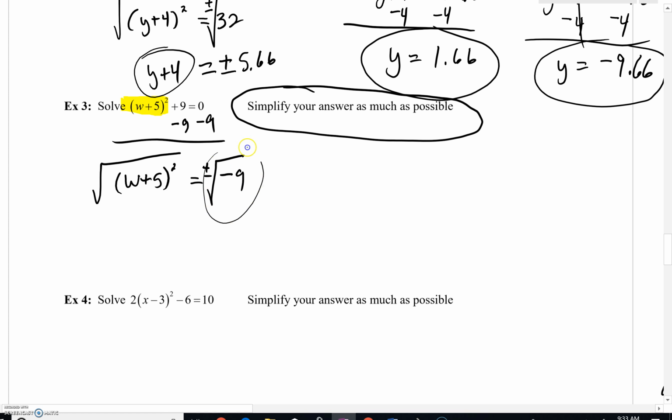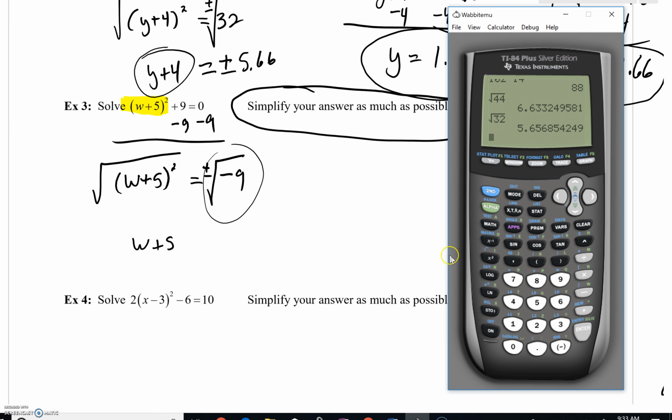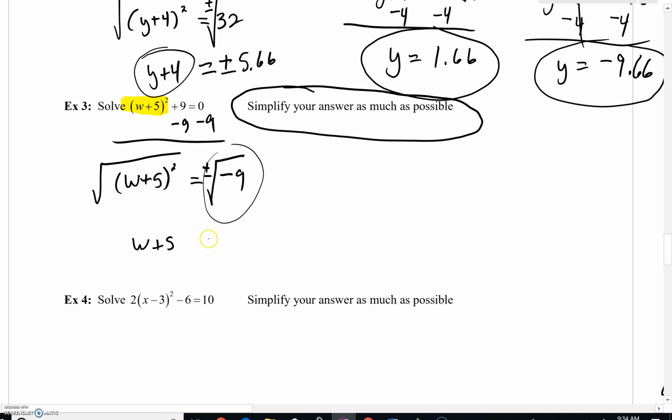Now, it's here, however, that I think you're going to see that we're in some trouble. Yeah, in general, we're going to have to simplify radicals, but negatives cannot be inside of them. The square root of -9, it's a non-real answer. So this is no good. What we can do at this point is just say there are no real solutions.